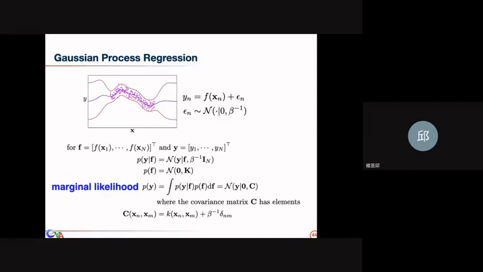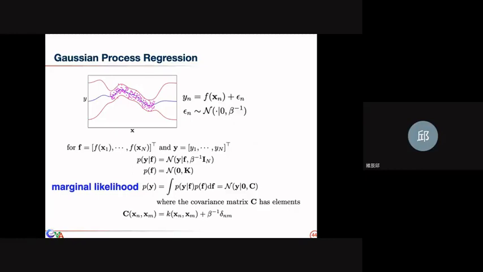This is the definition of the Gaussian process, because we say f should follow a Gaussian process. The joint distribution is zero mean, and the covariance is a Gram matrix based on the kernel.